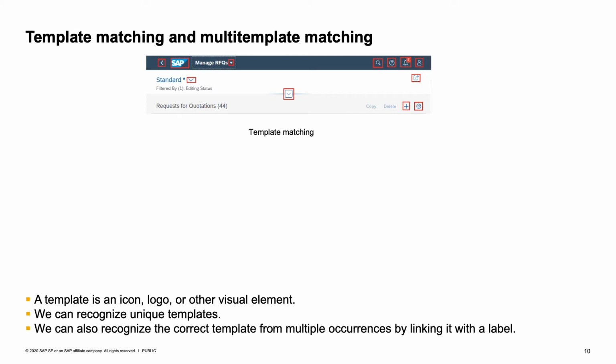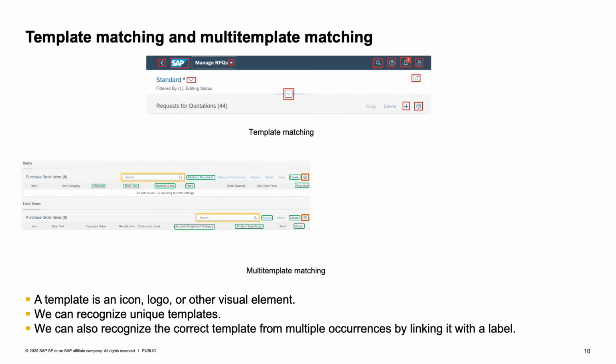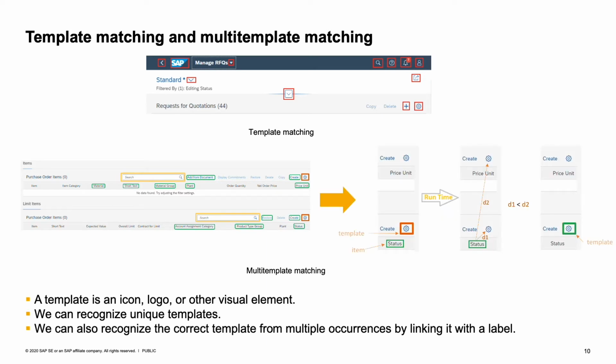Now the question, of course, comes up that how do you identify unique templates when duplicates exist? That's when you're going to be using multi-template matching. As you can see here in this particular image, there are duplicates, right? And so how do you recognize this? You can see there is a gear icon on the top and there is also one below.